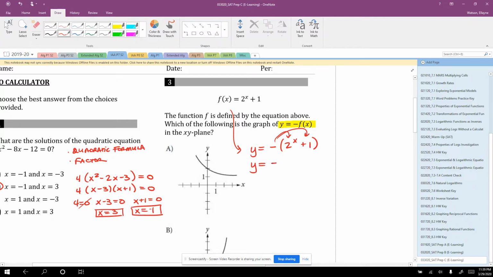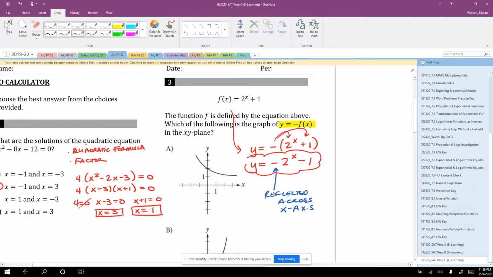You get y is equal to the opposite of 2 to the power of x minus 1. Okay, so basically, which graph is this? So, a couple things. This negative means that it's reflected across the x-axis.